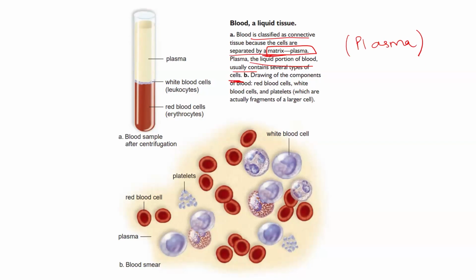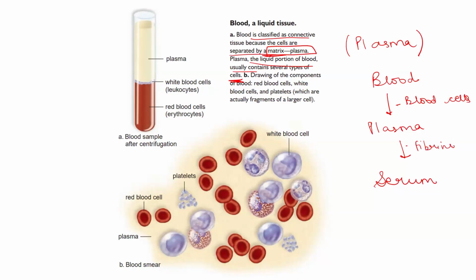So there are three things: firstly, the whole blood; then the liquid portion, plasma; then serum. Blood minus blood cells is the plasma, and plasma minus fibrinogen, which helps in blood clotting, is the serum.